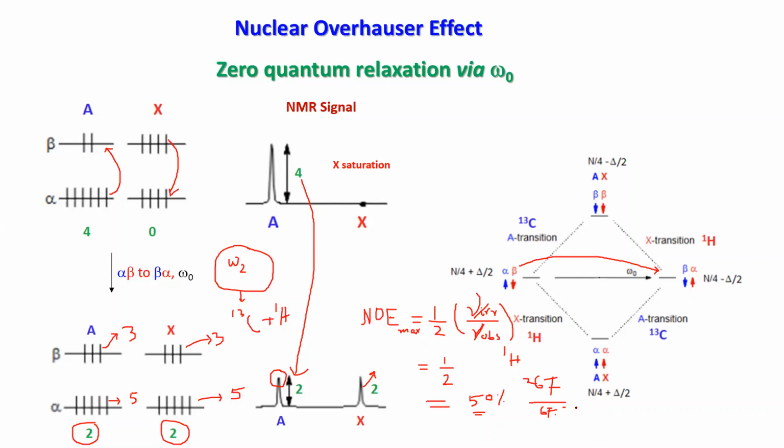Okay, so that means what we have seen is this ratio is around 4. So half into 4 is equal to 2, so it will be 200%. So this is half into 100%, so it will be 50%. So a proton-proton nuclear Overhauser effect experiment will give a peak enhancement of around 50% maximum, and for 13C it can go maximum 200%.